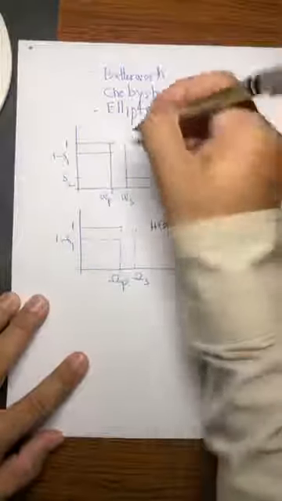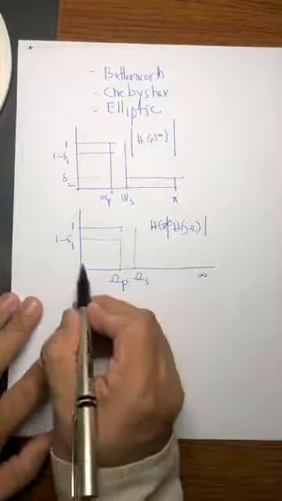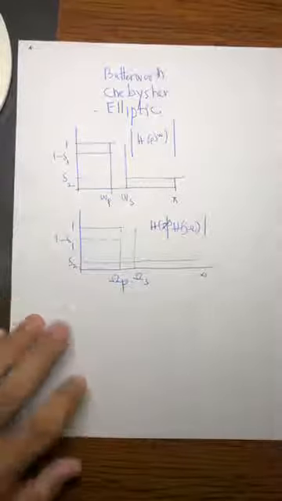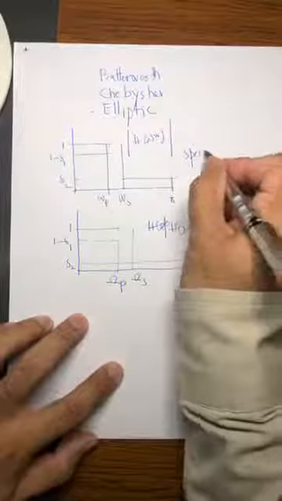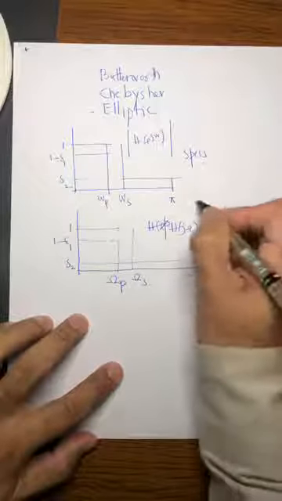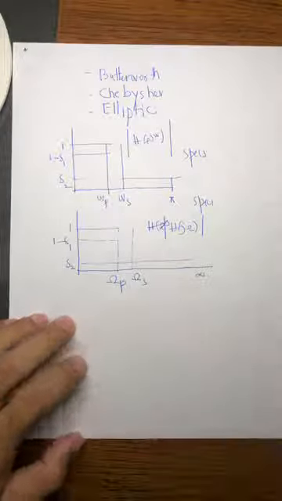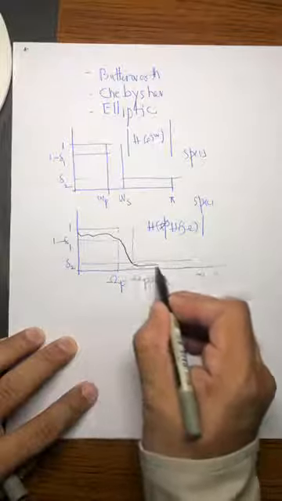Here is delta 2. So first of all, the specifications are given like this. You need to convert these specifications into continuous domain specifications. And now your frequency response would be something that is here.